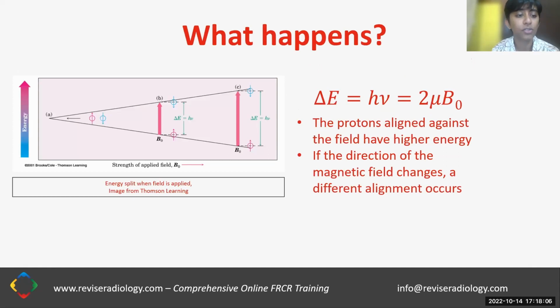Okay, so if you take a look at the diagram on the left-hand side, you'll see there's a magnet, which is a proton, which is aligned a certain way, and a proton, which is aligned in the opposite way. And when the magnetic field is applied, basically one set of protons aligns with the field where they have lower energy, and another set of protons aligns against the field, and then they have a higher amount of energy, which makes sense, right?